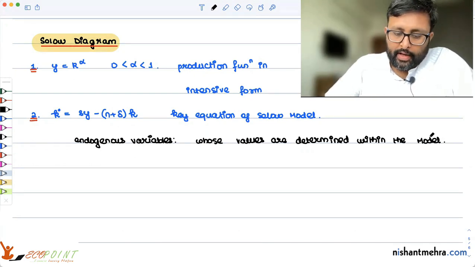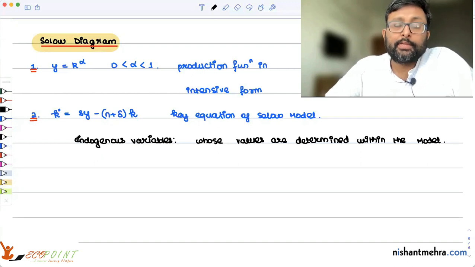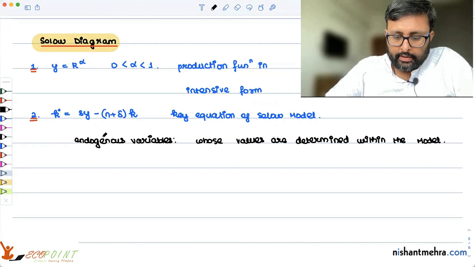For example, in this case, small k and small y are endogenous variables.